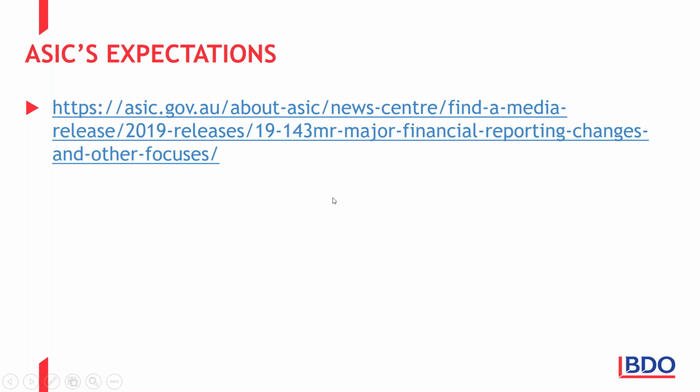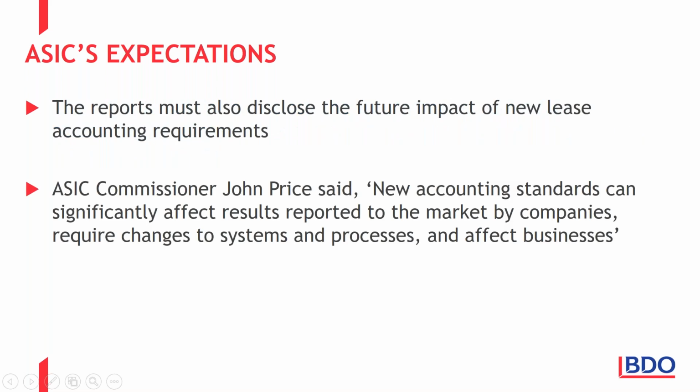That's the link. I would highly recommend that you look at this document on what ASIC will be looking at. I've summarized some of the key things as it relates to IFRS 16.